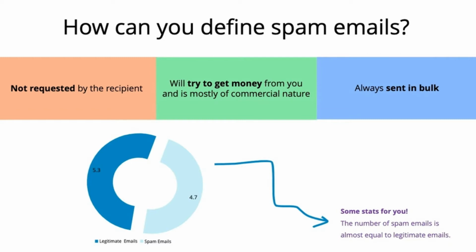And lastly, it is always sent in bulk. So these spammers get your email address with a variety of technologies using crawlers, sweepers, and a brute force method. But once you click on that spam email, they have confirmation of your email address's deliverability. And that means you will now start getting spam emails nonstop.